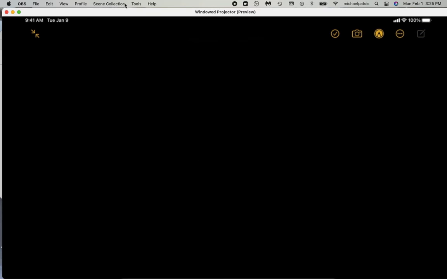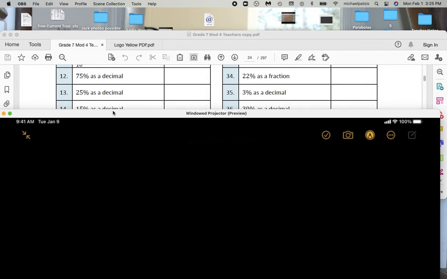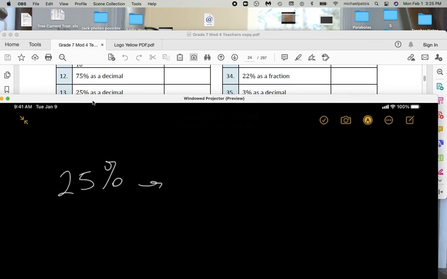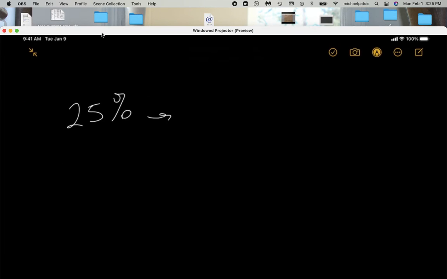Let's do another one. Let's do 25% as a decimal. Remember, you can replace that percentage sign with a division by 100. These two statements are the same. We're dividing by 100. We're starting off with the decimal point right there with the 25. Since we're dividing, we're going to get smaller.